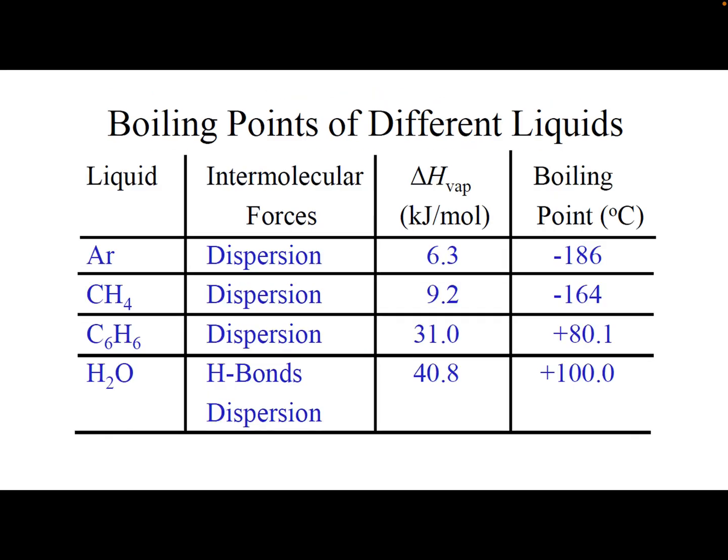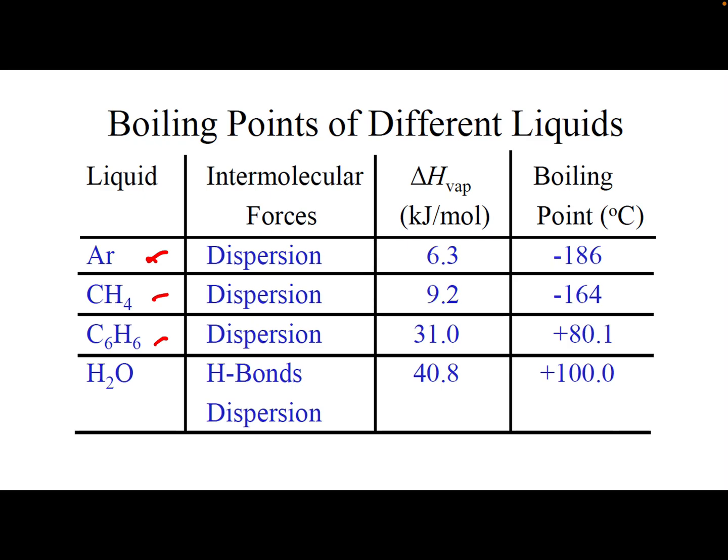So if you take a look at some different liquids, as a general rule, the boiling point is going to rise as the amount of energy required to push those liquids into the gas phase increases. And so you notice our first, the only intermolecular forces we have are London dispersion forces. So what's happening between our argon and our methane and our C6H6 is the molecule is getting bigger.